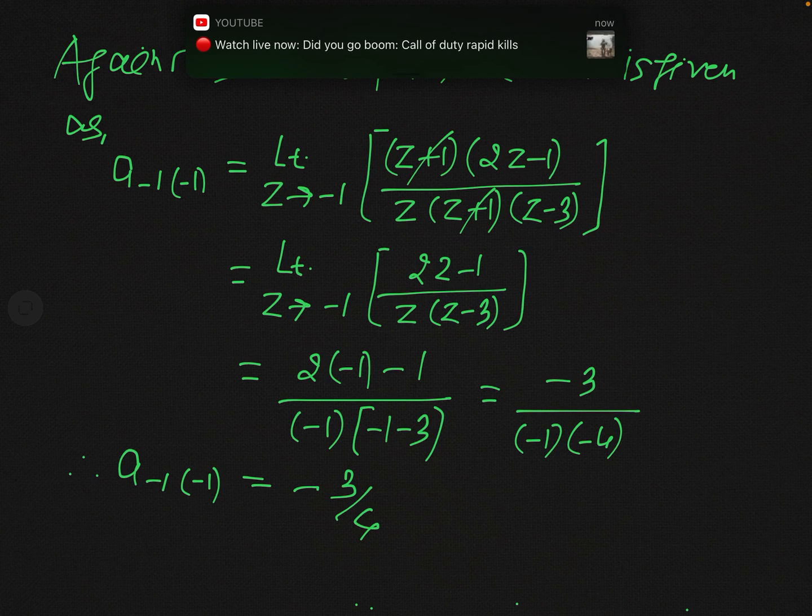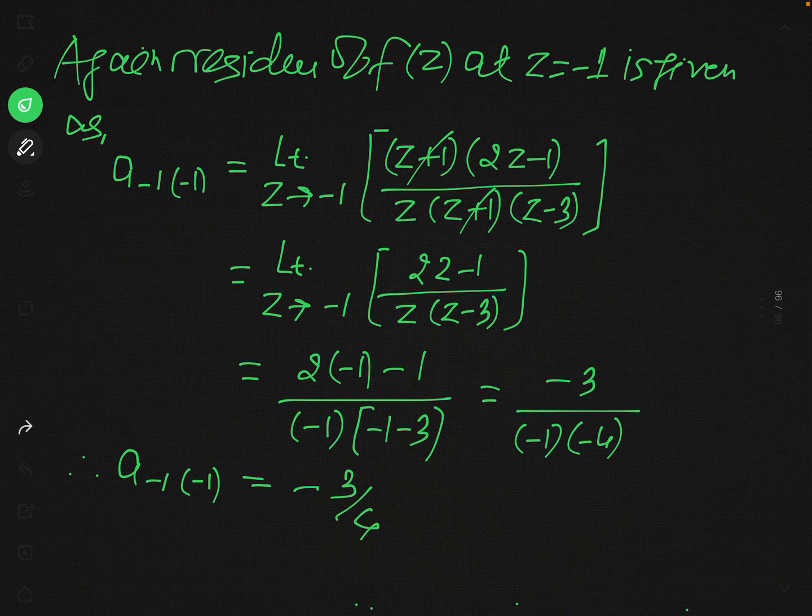But you can see in this figure that the third singular point, which is z equal to 3, is outside of this circle, and so, as I have told you, there is no need to find the residue of this function at this singular point.